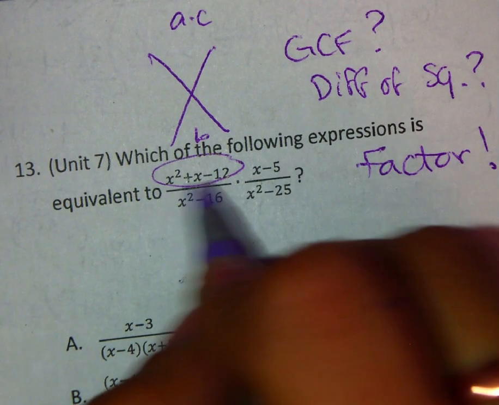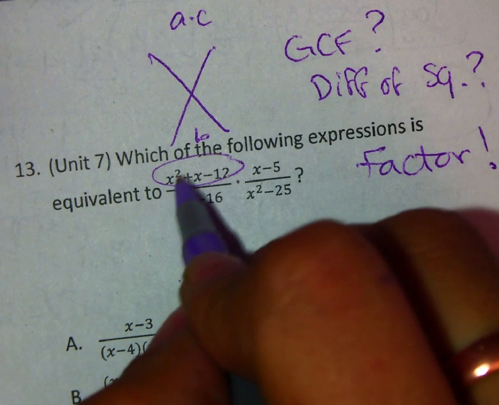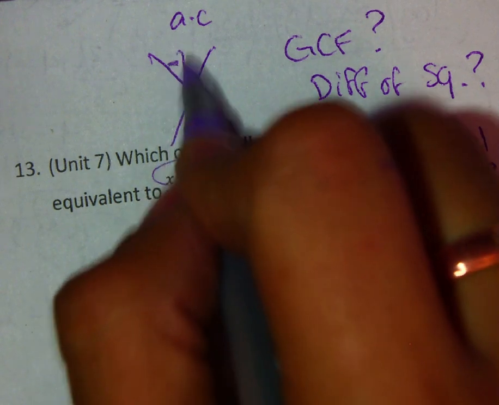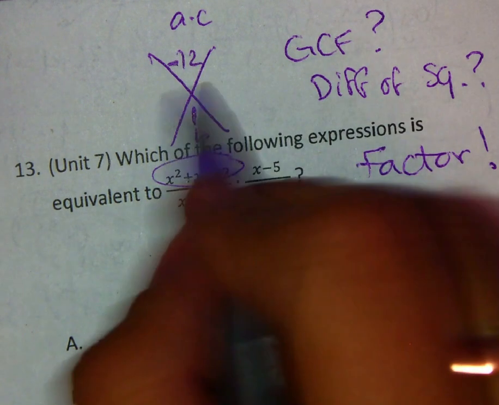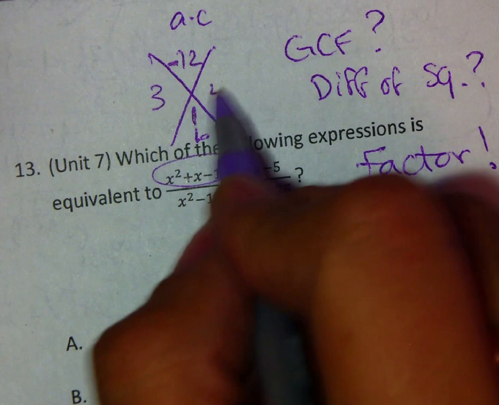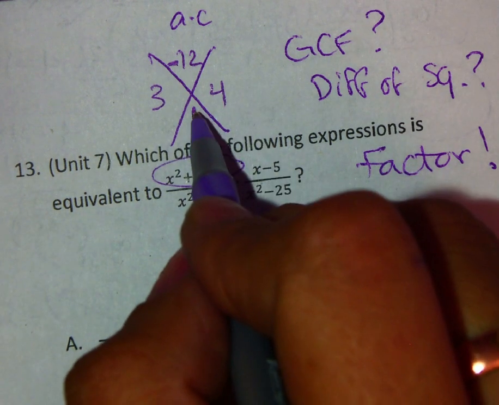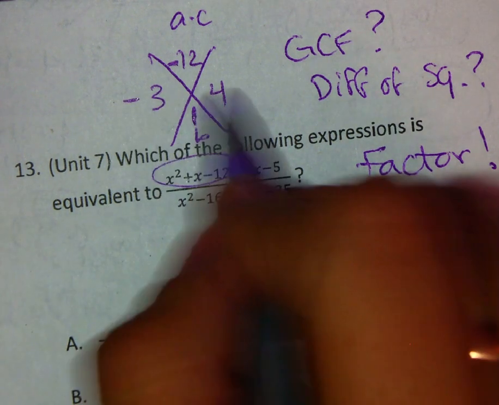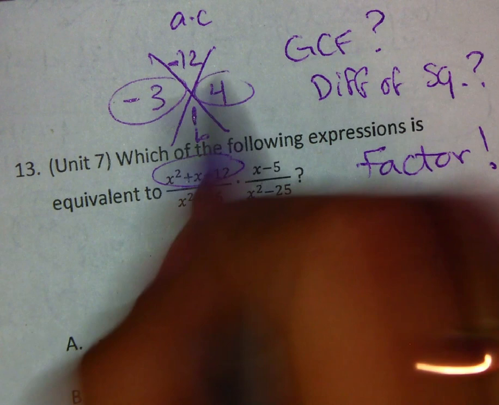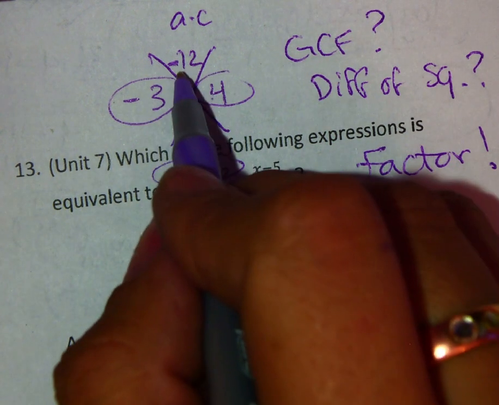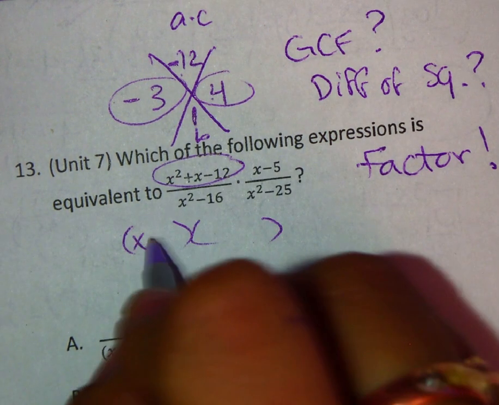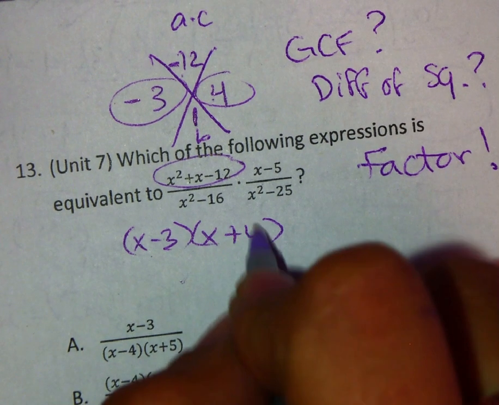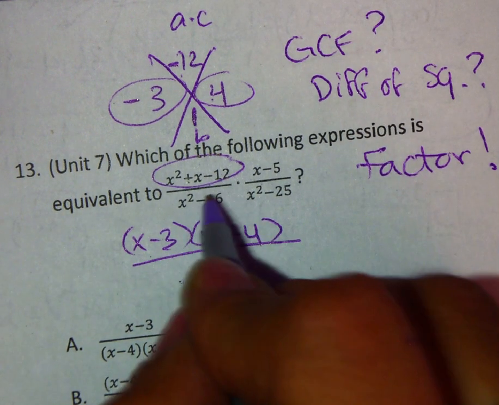So here for this trinomial, we're going to do A times C, which is negative 12. B value is 1. So what two numbers do you multiply to get 12? It's 3 and 4. But in order to get 1, we need to subtract 3 from 4. And these two need to be opposite signs because when you multiply, you get negative. So you're going to have the factors x minus 3 and x plus 4 on the numerator for this fraction.